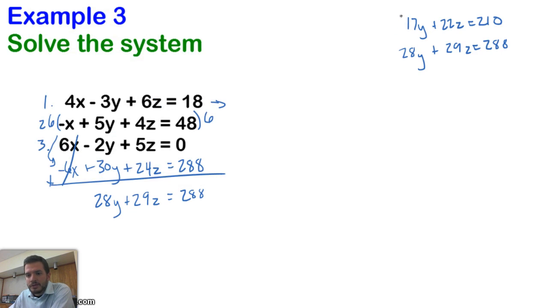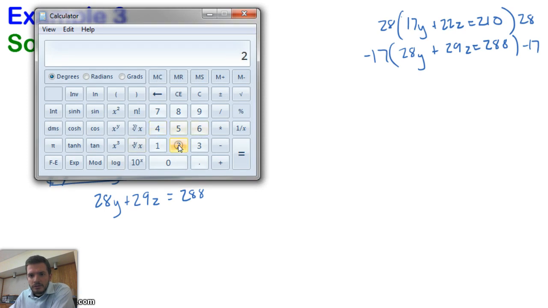I'm going to multiply this top one by 28 on both sides, and this bottom one by negative 17 on both sides. 28 times 17, we already know, is 476.